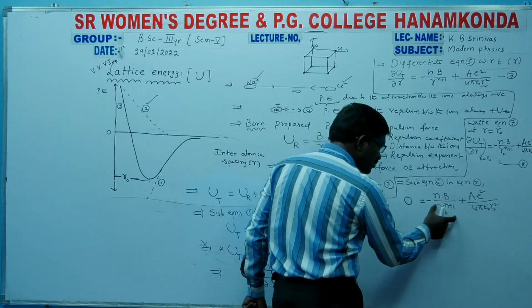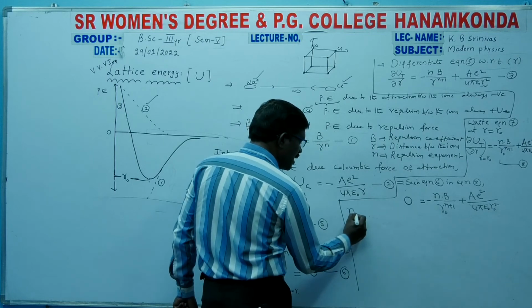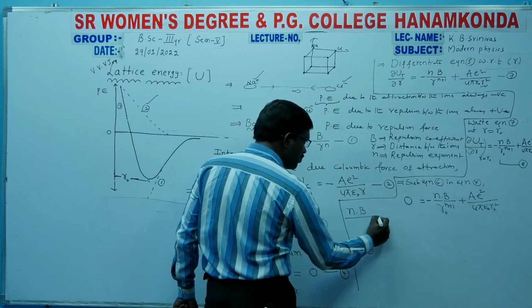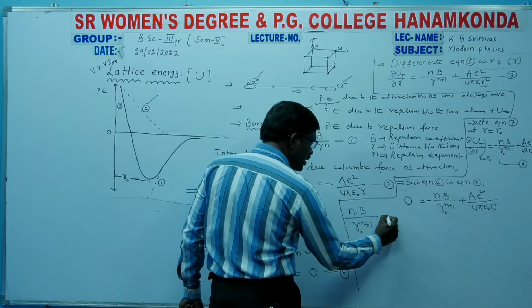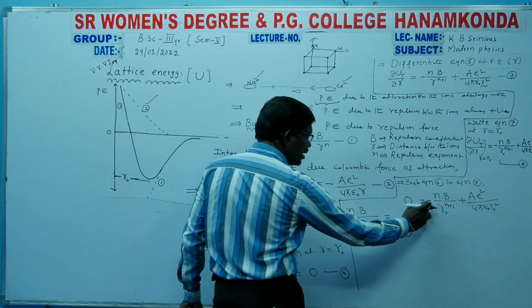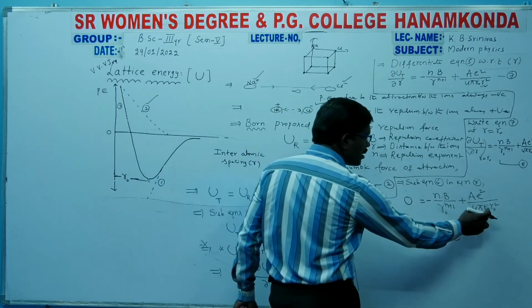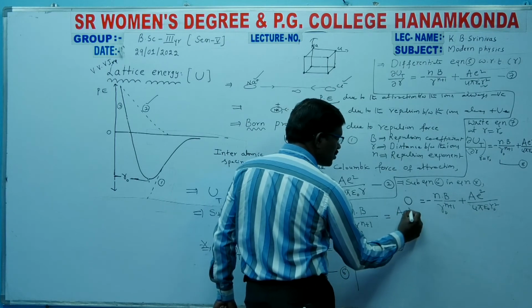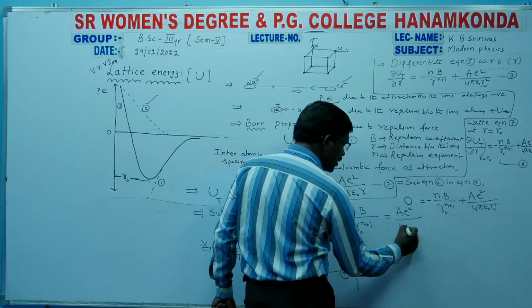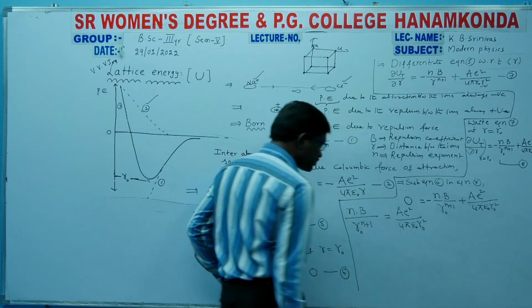If I move this term from RHS to LHS, this term becomes n into b whole divided by r naught to the power of n plus 1, which is equal to, this already became a positive term. What is the term remaining on RHS? That is the second term, a e square by 4 pi epsilon naught r naught square.